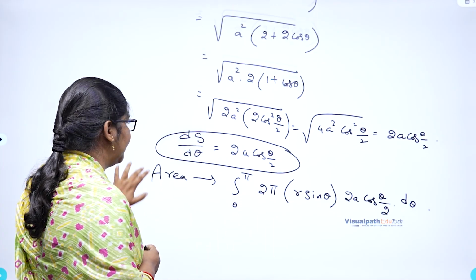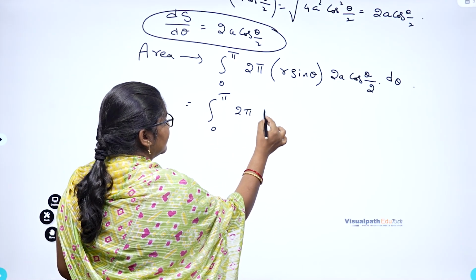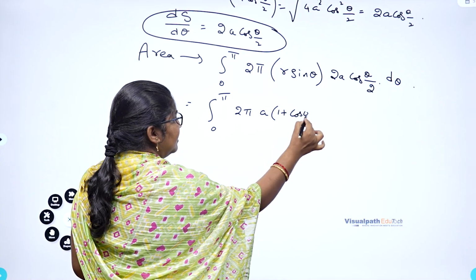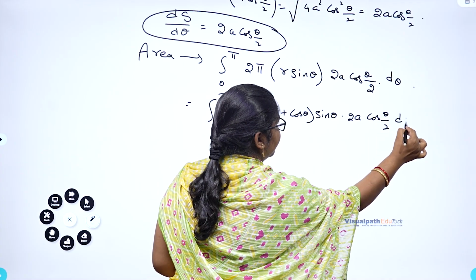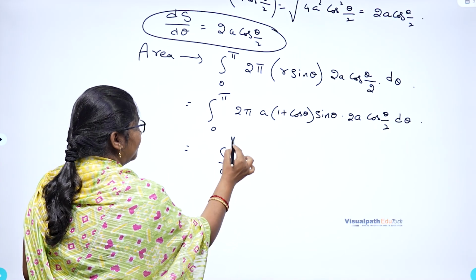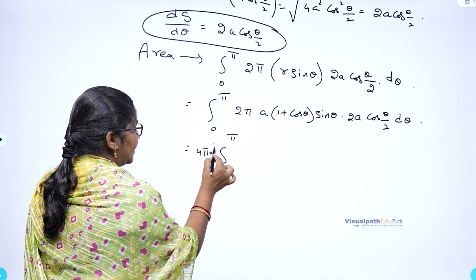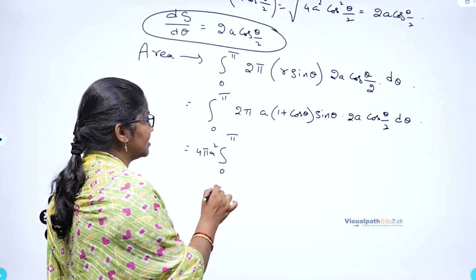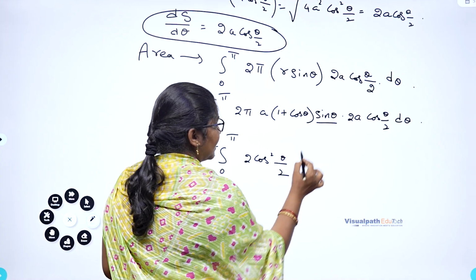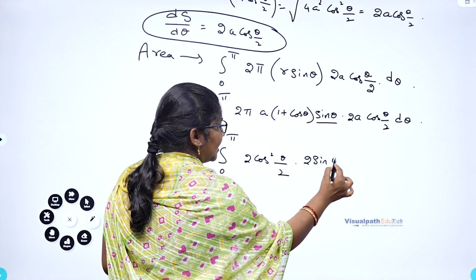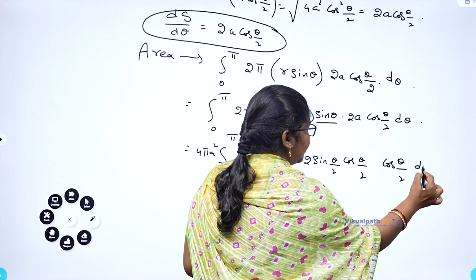Now simplification should be done. The integral from 0 to pi of 2 pi, with r as a into 1 plus cos theta, into sin theta, into 2a cos theta by 2 into d theta. 2 into 2 is 4 pi, and a square is completely constant. 1 plus cos theta is 2 cos square theta by 2, sin theta can be written as 2 sin theta by 2 cos theta by 2, and cos theta by 2 into d theta.